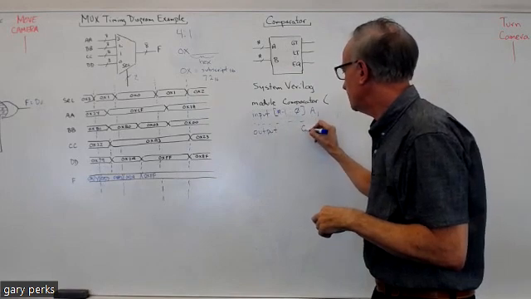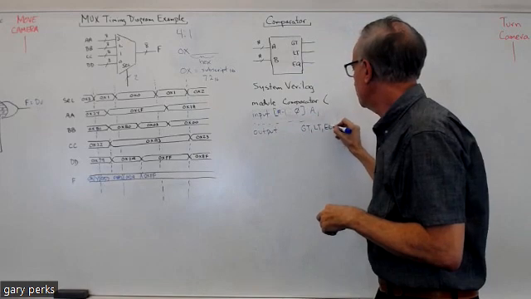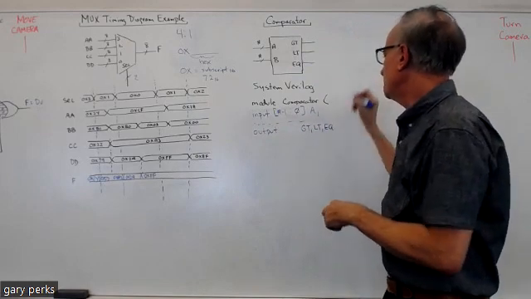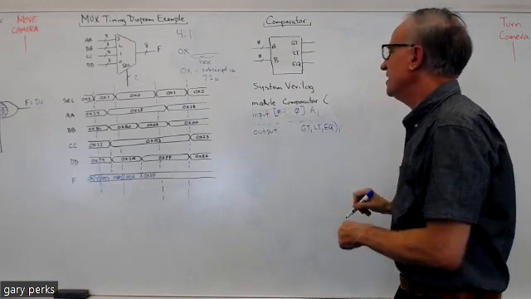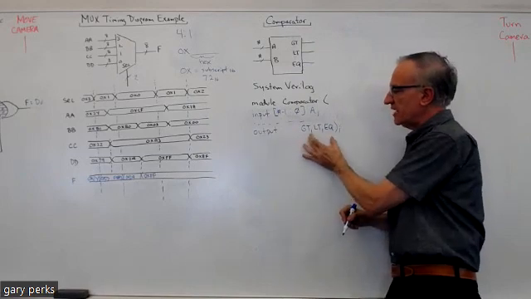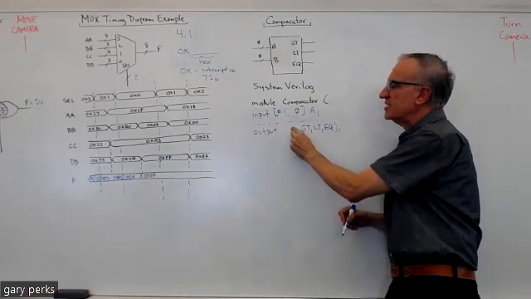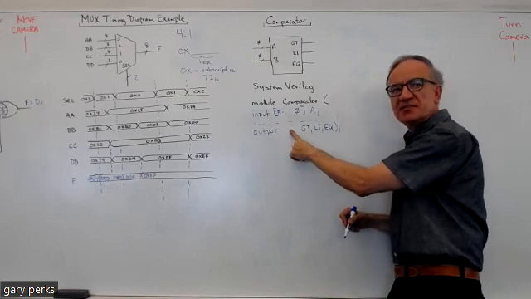So we'd have GT, LT, EQ. And then that would be the last thing we declare, so we put parentheses and then the semicolon. Now, I intentionally put a gap here between output and the names of the outputs because something has to go here. And I'm going to come back to it in just a little bit.